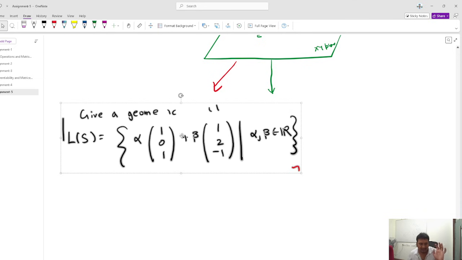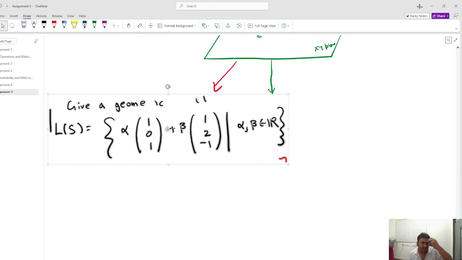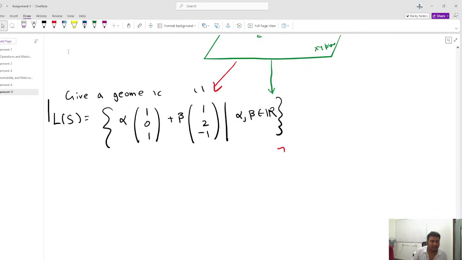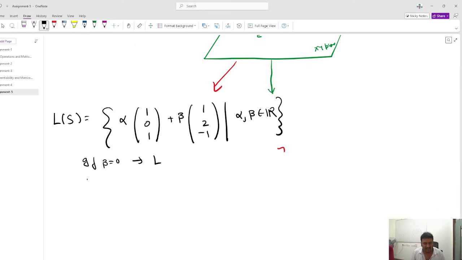So one vector represents a line in R3, right? Now let us see what the linear combination of two vectors represents in R3. If you take beta to be 0, what does LS contain?